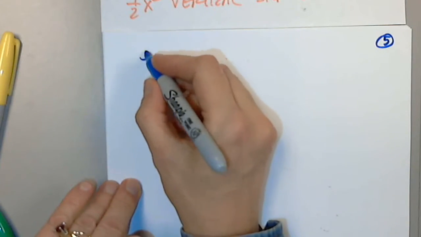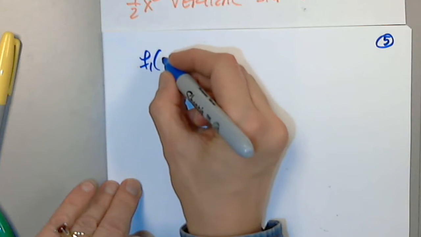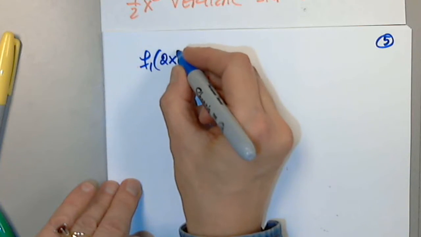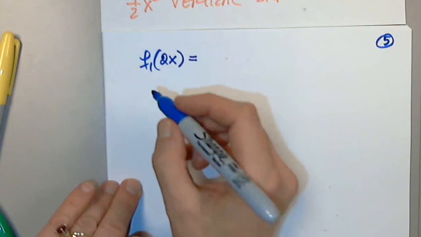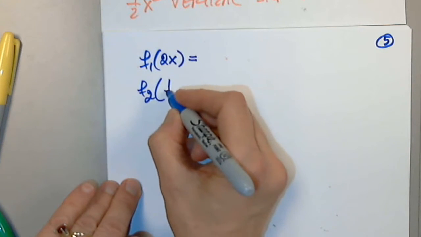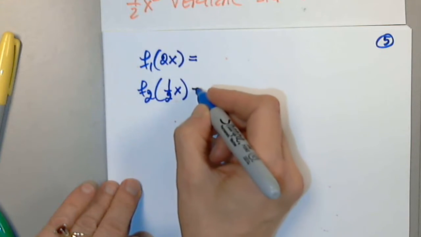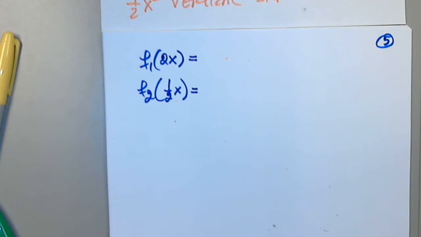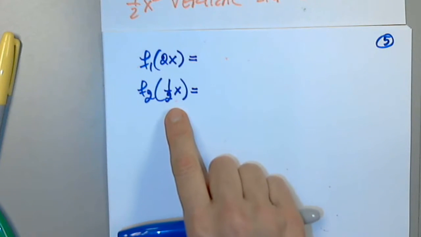Okay. F1 of twice x and F2 of 1/2 x. I did not give you the function, but we're going to look at the function in a minute. What am I changing? It's obvious what I'm changing now. X itself. X from plain x to 2x or 1/2 x.